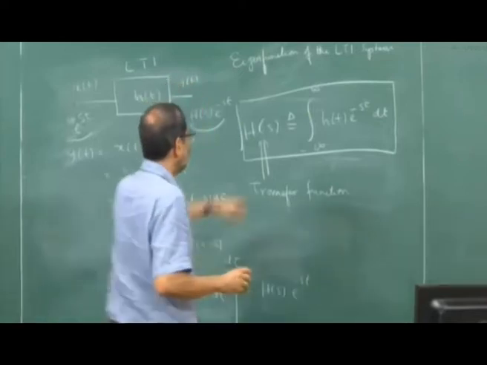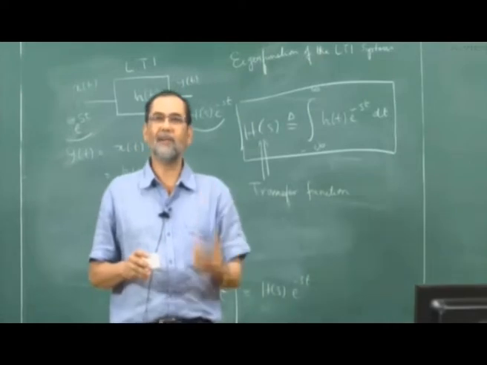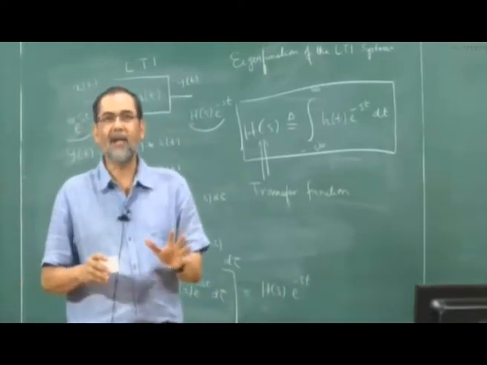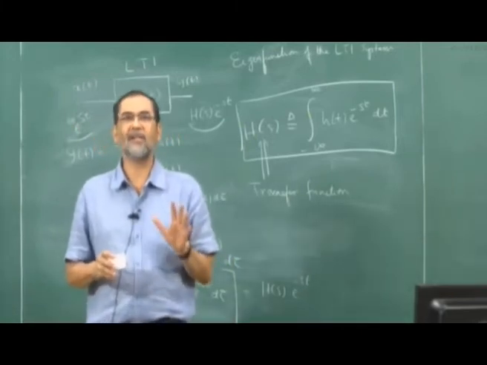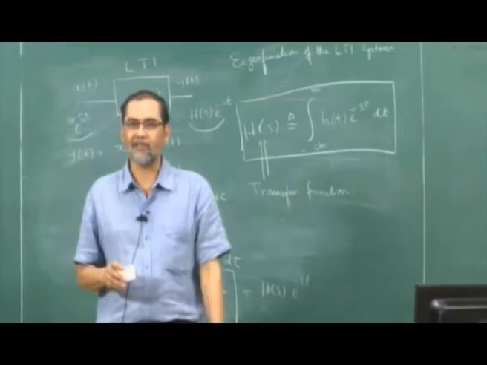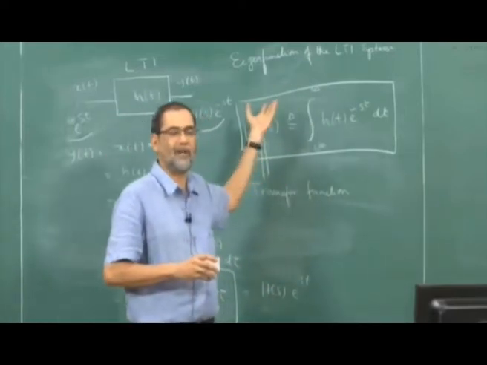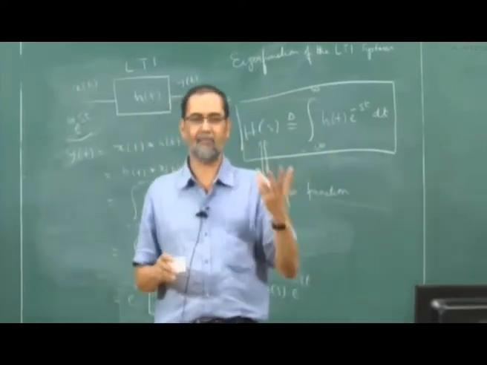Remember, the limits of integration are minus to plus infinity. When the limits are from minus to plus infinity, take a step backwards and see if that integration is defined. If it is, you can put any function here. So I can have H of s, X of s, Y of s, Z of s, whatever.